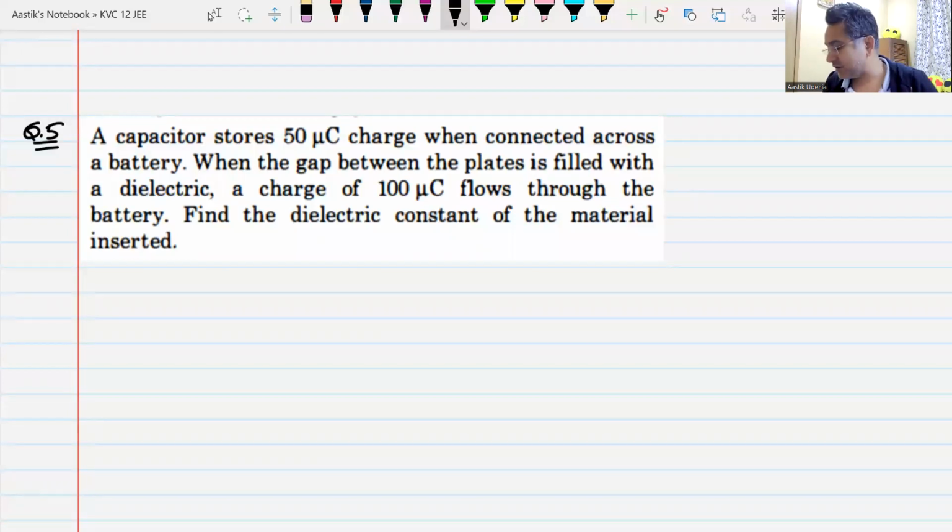Yes, the dielectric constant is definitely 3. And how do we get this answer? This is actually the reverse question of the question that we have already done. Yes or no? Yes, sir.